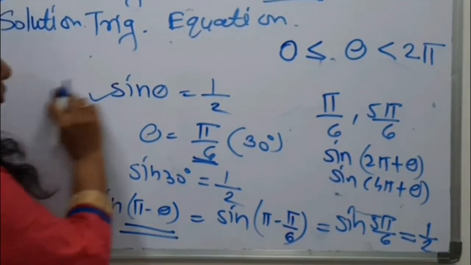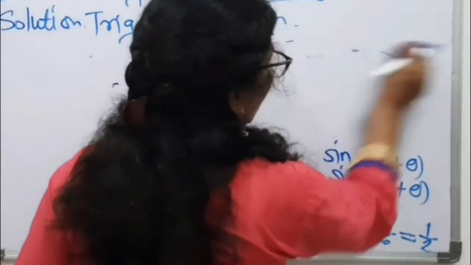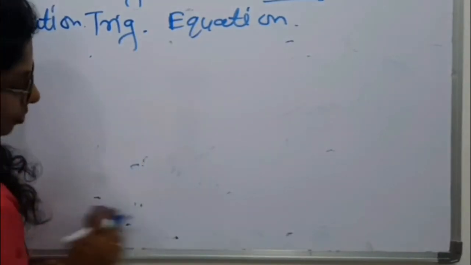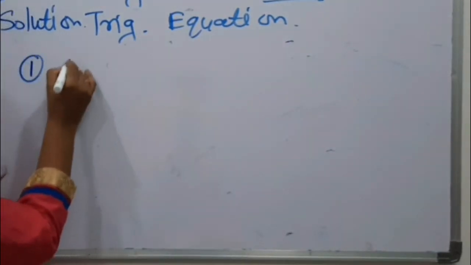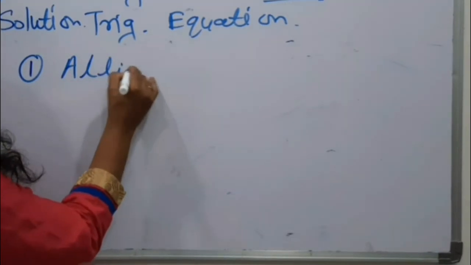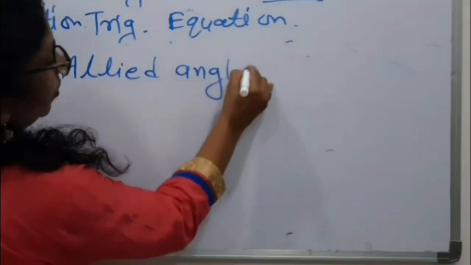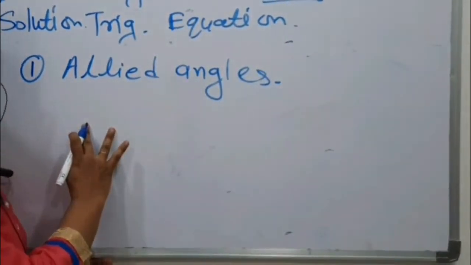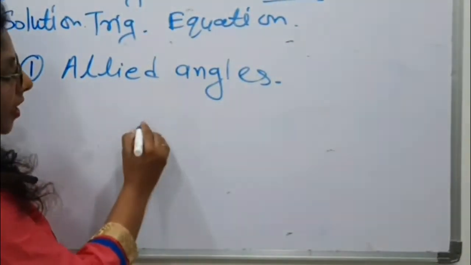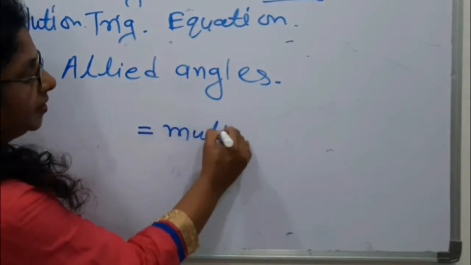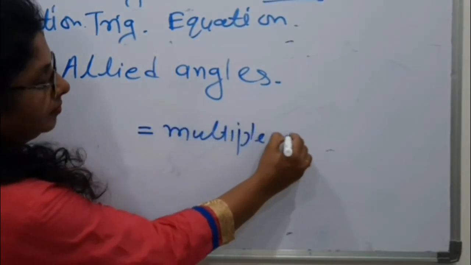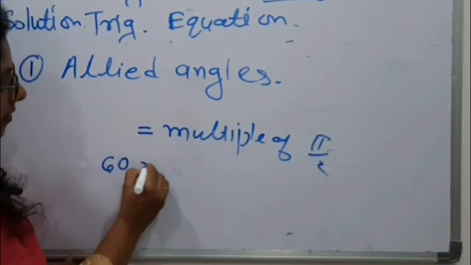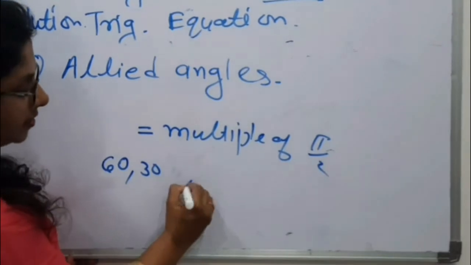Okay. So to find the principal solution of any trigonometric equation, two things we need to know. First, allied angles. Now what are allied angles? In 11th standard you have seen, if the sum of two angles is equal to a multiple of 90, a multiple of pi by 2, suppose 60 and 30, the sum of these two angles is 90.